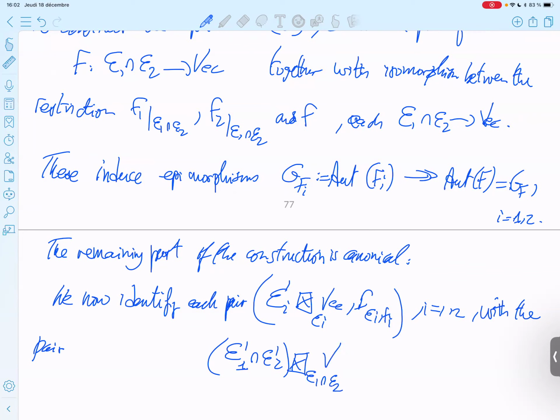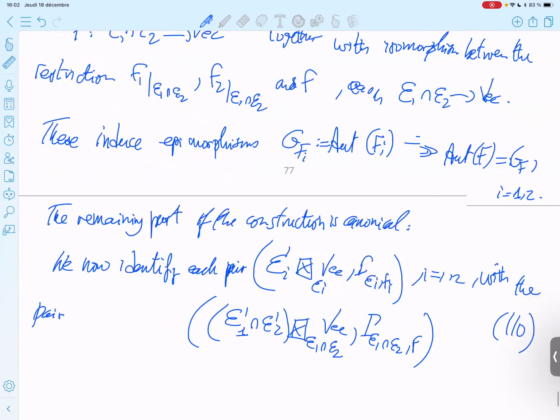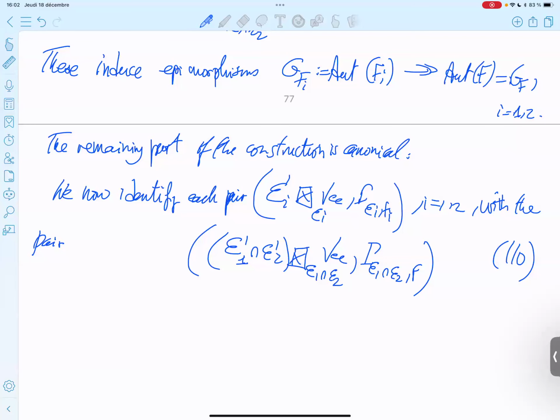So with the pair gamma U1 to F. So this last pair is called 110.